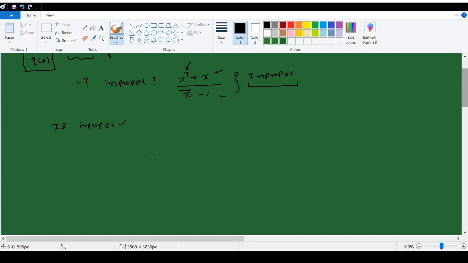How do we do the long division? Now, since this is an improper fraction, I am going to do the long division for the given polynomials. So this is how we do the long division.